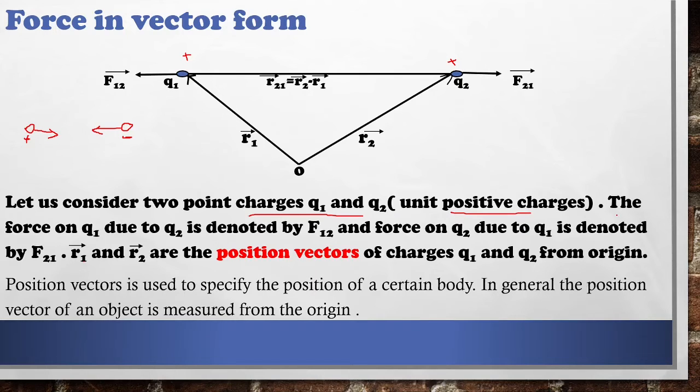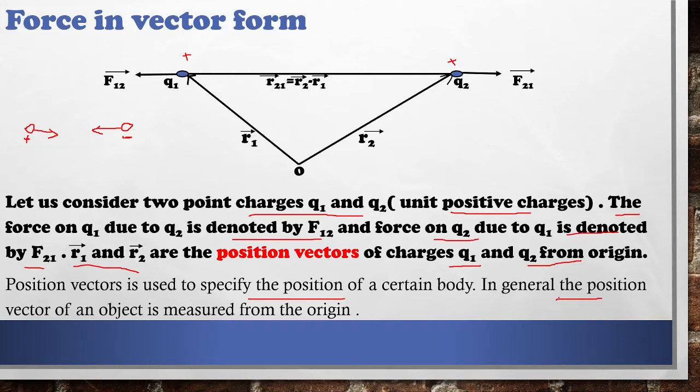The force on Q1 due to Q2 is denoted by F12, and the force on Q2 due to Q1 is denoted by F21. Vector R1 and vector R2 are the position vectors of the charges Q1 and Q2 from the origin. So what are position vectors? A position vector is used to specify the position of a certain body.